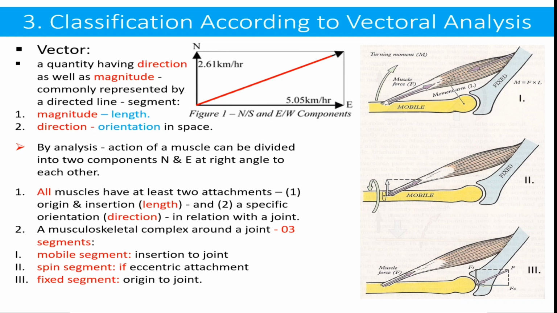These are: number one, mobile segment, which extends from the joint to the insertion. Number two is spin segment, which is only present if the muscle is attached eccentrically away from the center. And number three is the fixed component, which extends from origin to the joint.